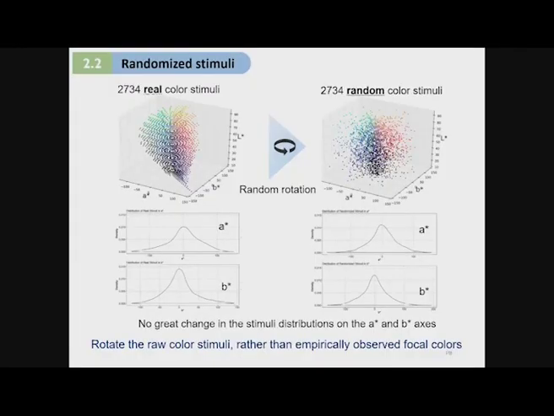So in this way, although this randomization didn't greatly change the distribution in the A and B axis, the relative distance between each pair of color stimuli is distorted, so that we destroy the human perceptual constraints towards colors. So we will use these two sets of color stimuli to reflect two types of human perceptual constraints on colors.